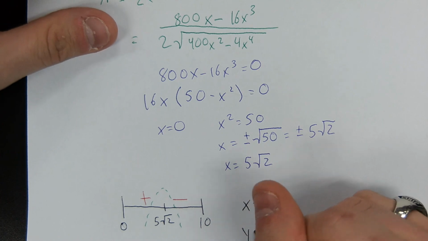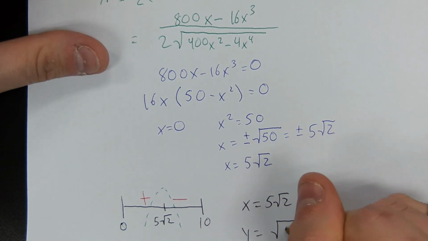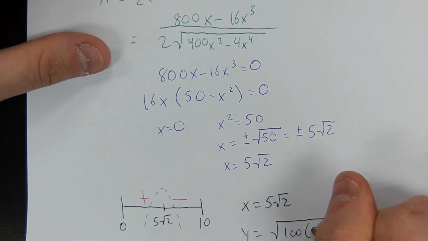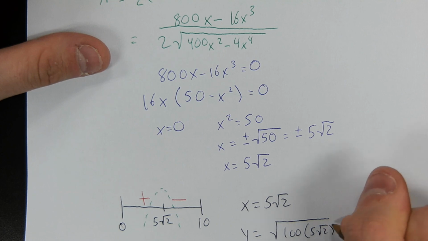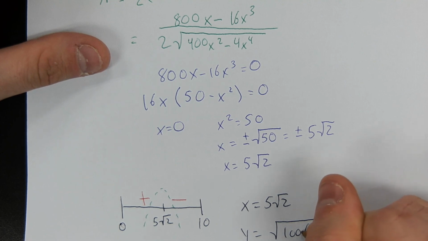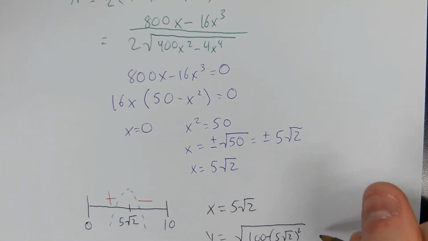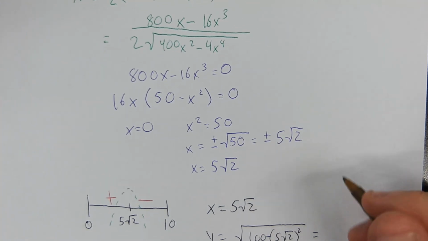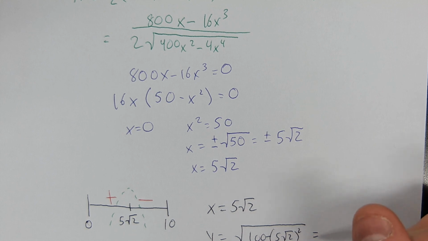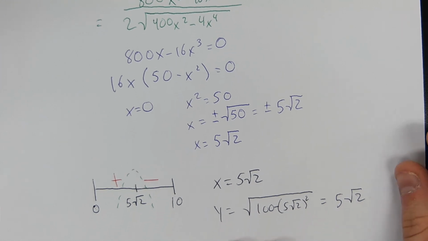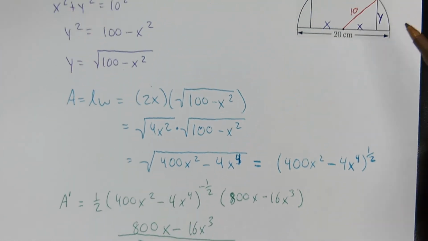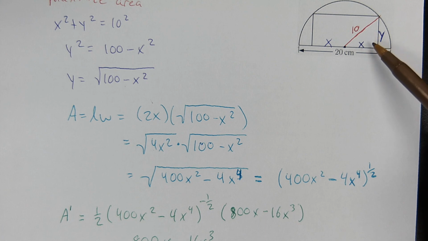So y equals the square root of 100 minus 5 root 2 squared, which is 50. It gives me 100 minus 50 underneath the radical, or the square root of 50, which is 5 root 2. How about that? So as it turns out, the area is maximized when this is a 45, 45, 90 triangle. Shock.